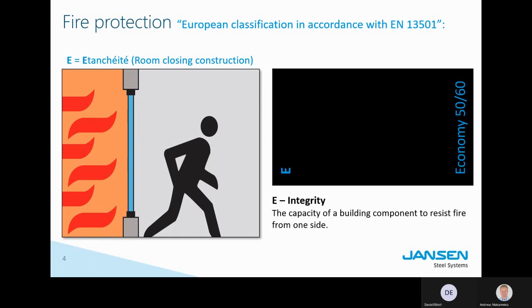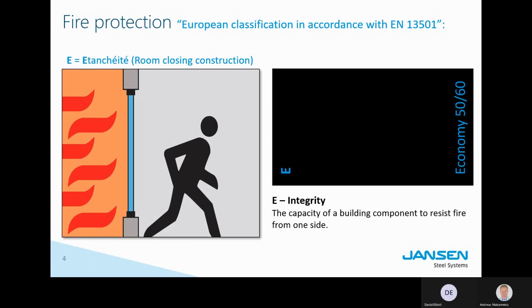This type of fire protection is only supposed to keep the fire and smoke from one sector of the building away from the other. This class will not prevent the thermal radiation from passing through the element.